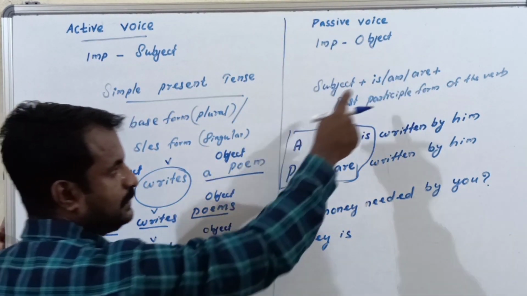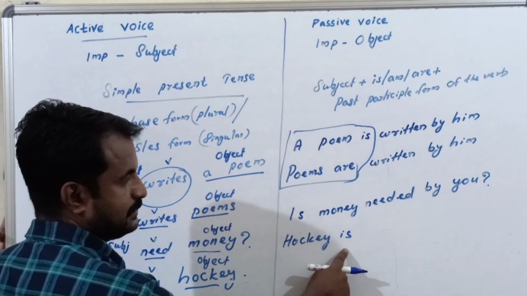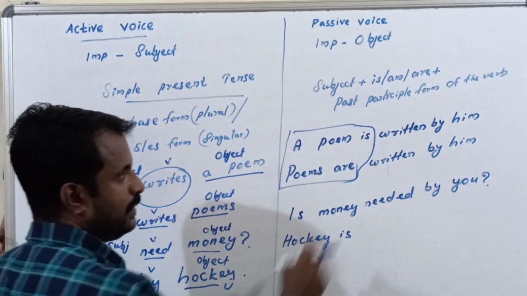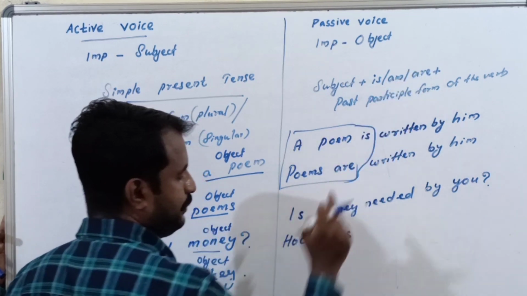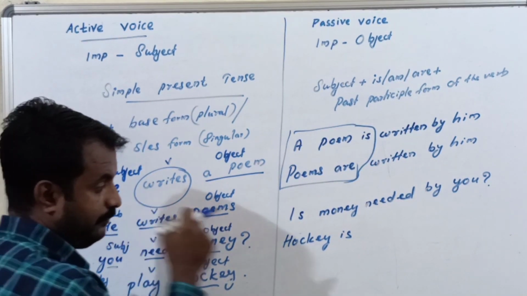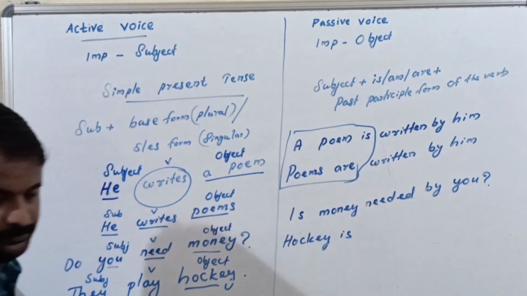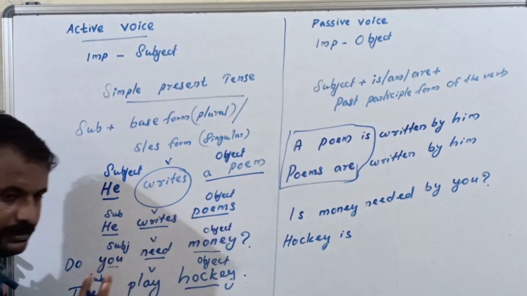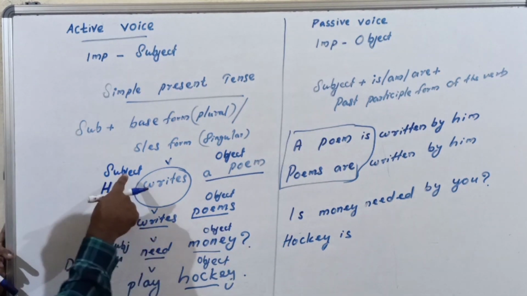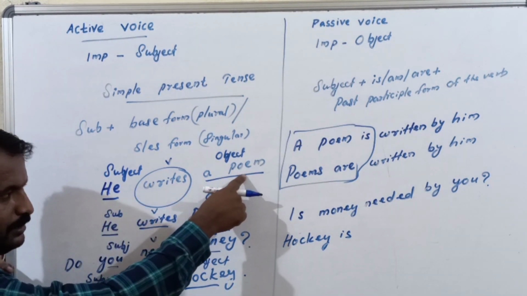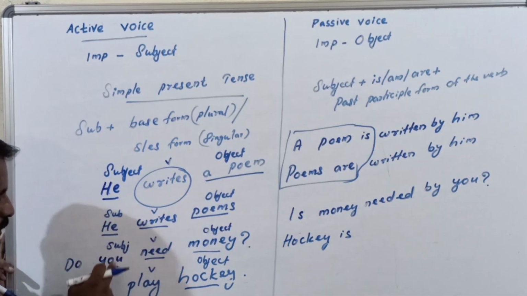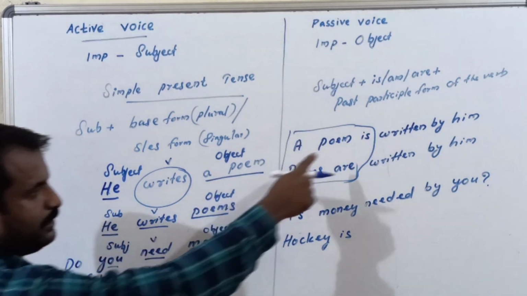That means when a singular subject comes, you have to use "is." When I comes, you have to use "am." When a plural subject comes, you have to use "are," when we are taking it into the passive. Not like here plural comes, here singular comes. For example, "He writes a poem," singular subject. The singular subject comes in passive, so "a poem is written."